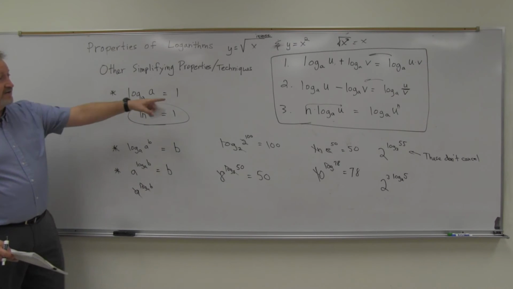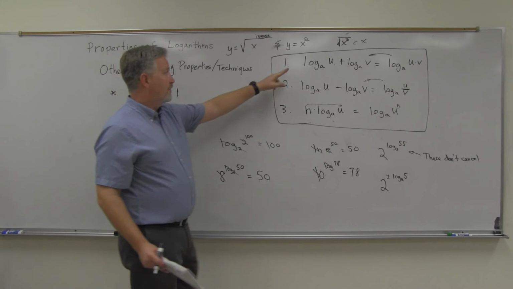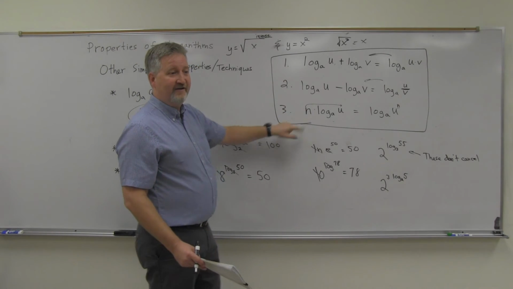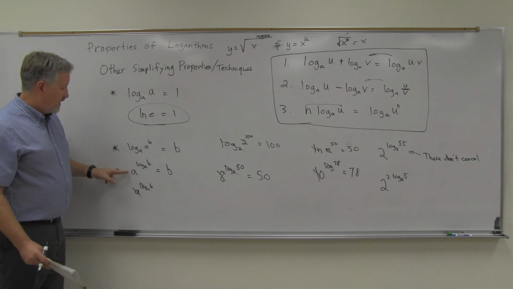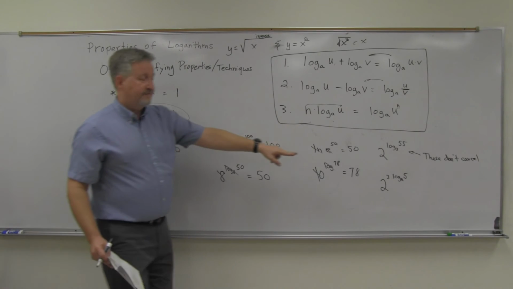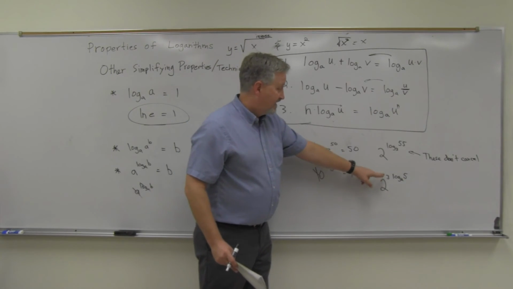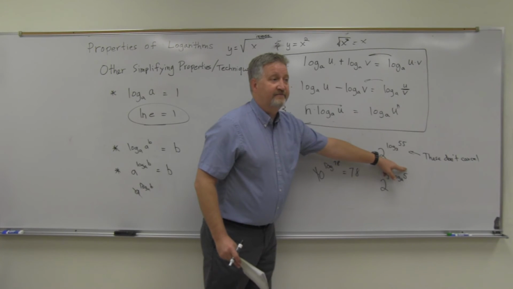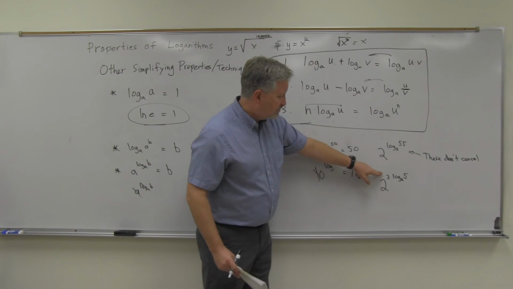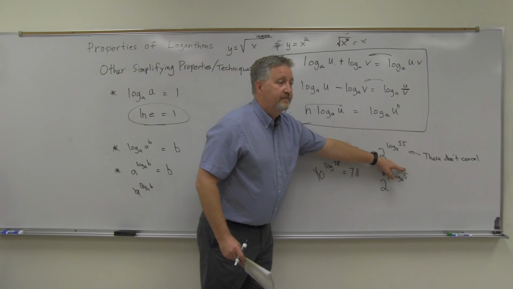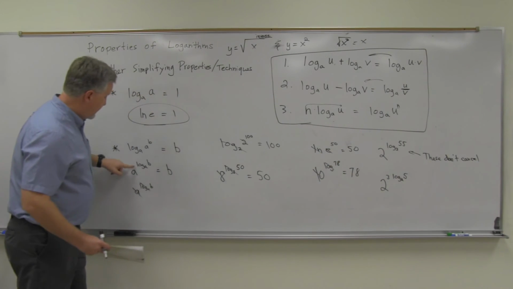It's kind of like some of the ones before. Before I can use this on that one, what do I have to do? I need to move that 3 inside, because to use this property, there can't be a number out front here.